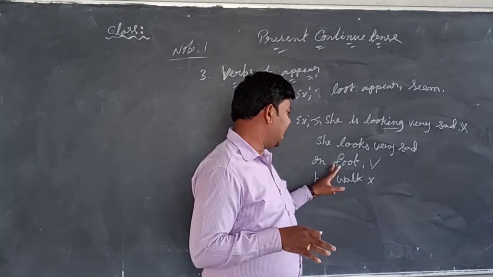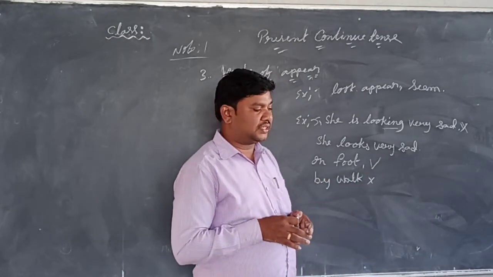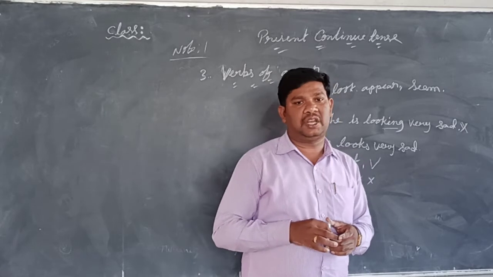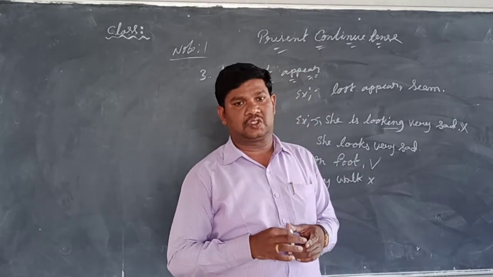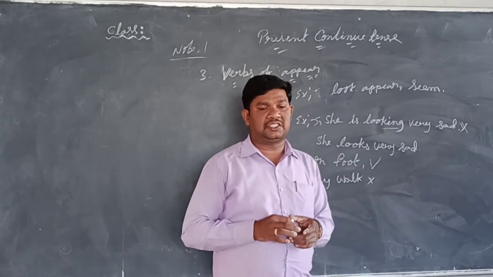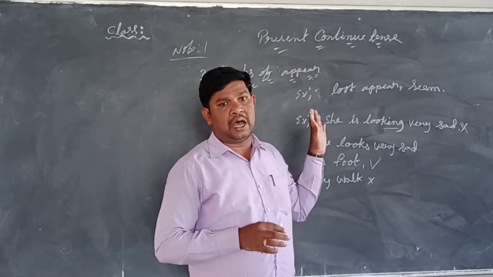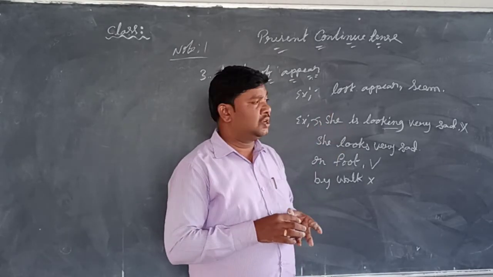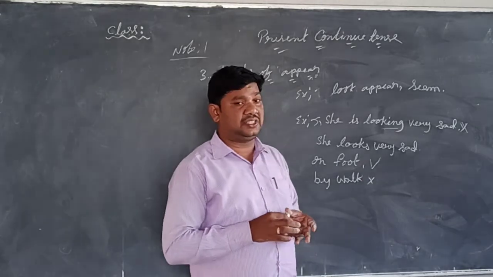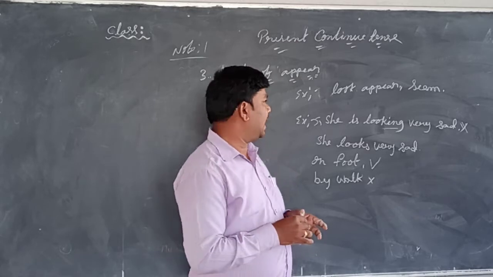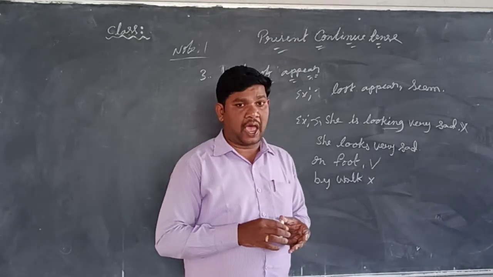Generally we say only on foot. These are the certain words we should not use in present continuous tense; they are possible only in simple present tense. These are very important for correction of the sentences. This is in the first PUC syllabus. They ask for 4 marks, 5 marks, a definite question in the annual exam.